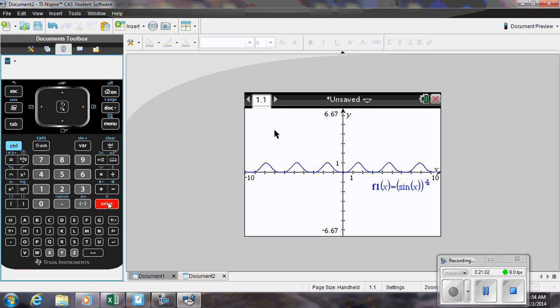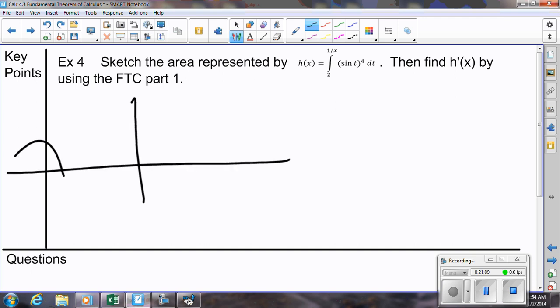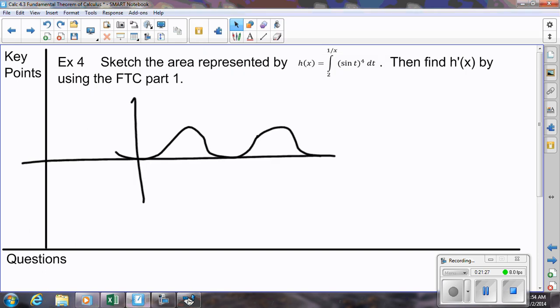And so when we're looking at this particular piece, I want to make sure that I'm getting an accurate sketch. So it flattens out, comes up, flattens out, and then it's got to go down. Nope, because it's to the fourth power, these are all positive. My sketch is a bit rough, but we'll get the idea anyhow.